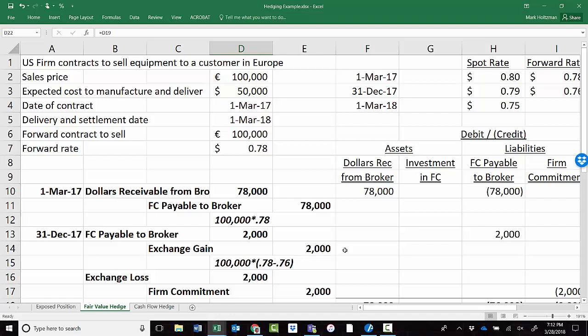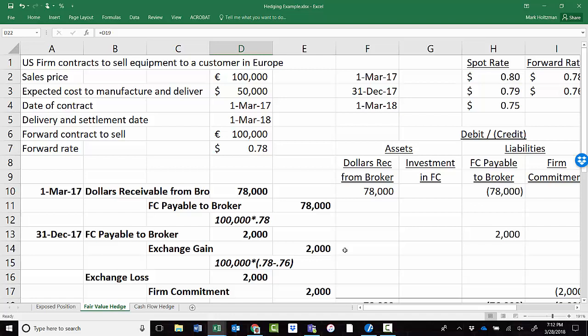I've entered into this hedge transaction in order to stabilize things and establish that I'm going to receive $78,000 when I deliver the goods. Does anybody see any risk in that? And that's why I'm going into this.